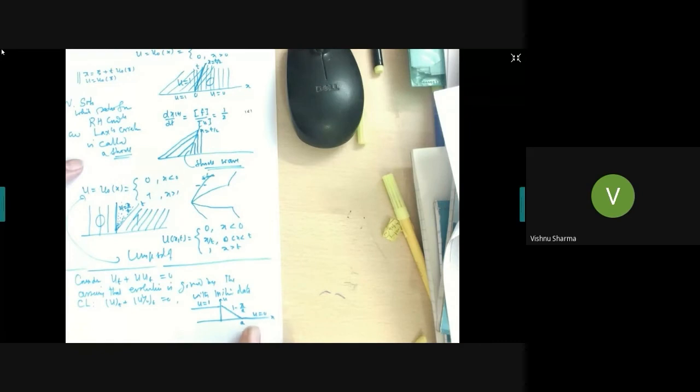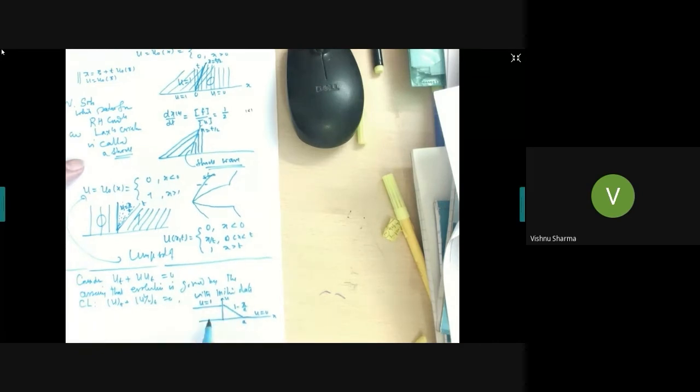So look here. Let me write u_0(x). u_0(x) is 1 when x is less than 0. It is 1 minus x by a when it lies between 0 and a. And it is 0 when x is greater than a.